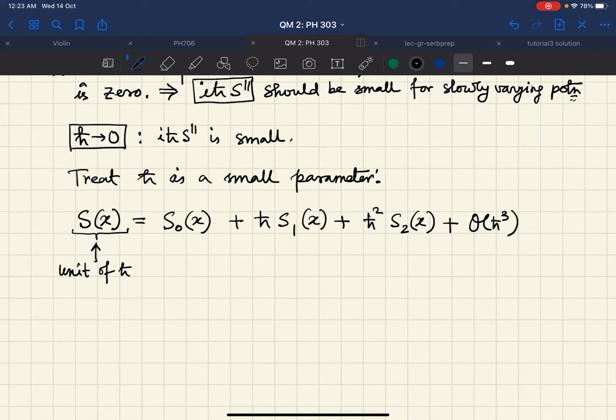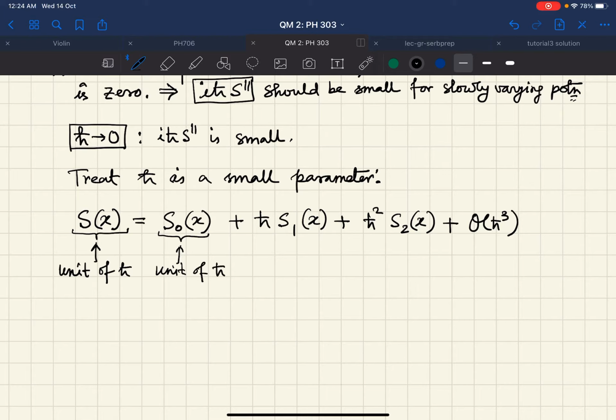So S, which basically is equivalent to the action, which I have not told you so far, by the way, but you can later on encounter this if you go to path integral formalism. This S we already know has to have the unit of ħ. Therefore this S0 of x will have the unit of ħ. There is no doubt about that.